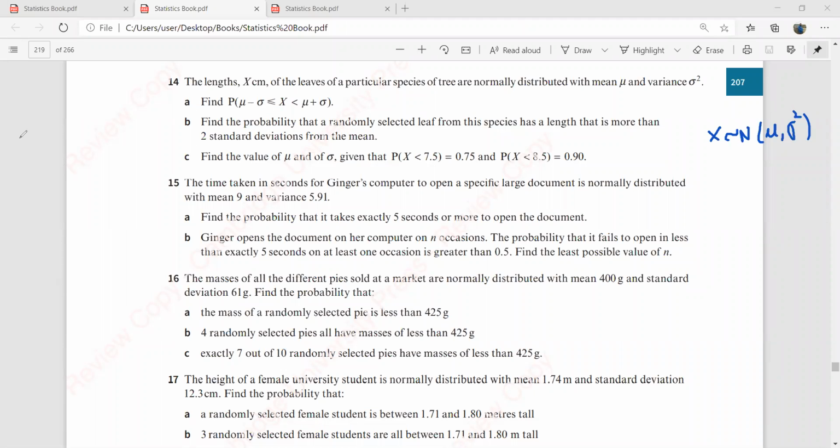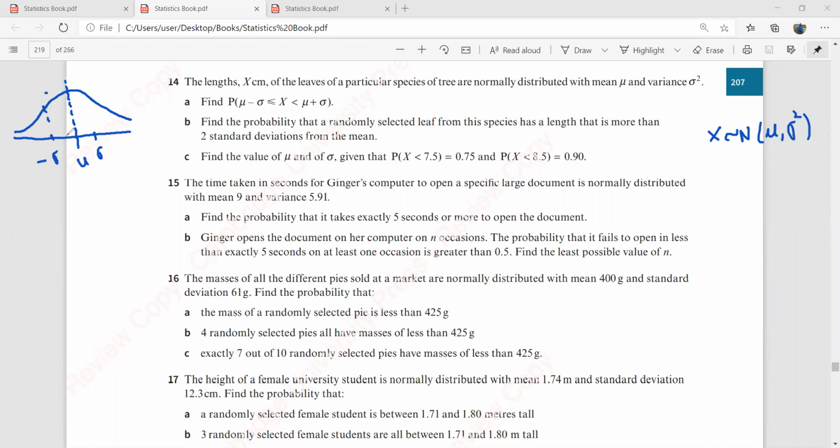If you go through the key features of a normal distribution, if you go back to the properties of a normal curve, you see nearly two-thirds of the data lies within one standard deviation from the mean.